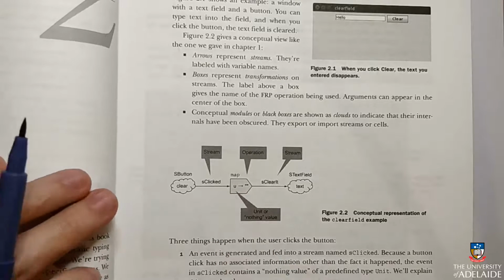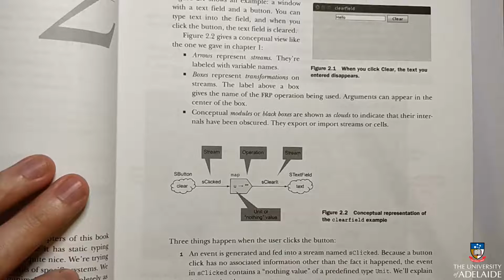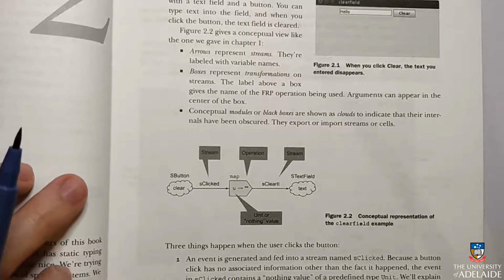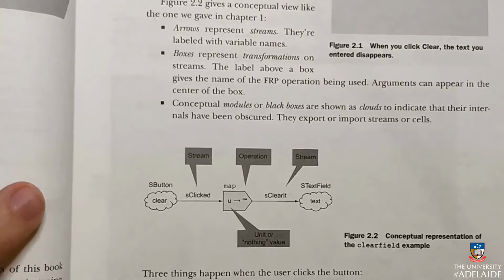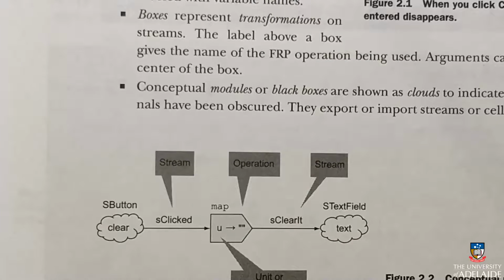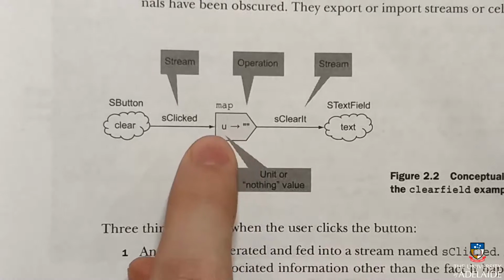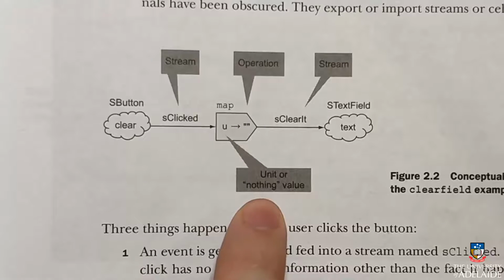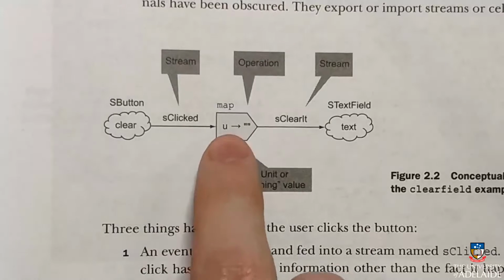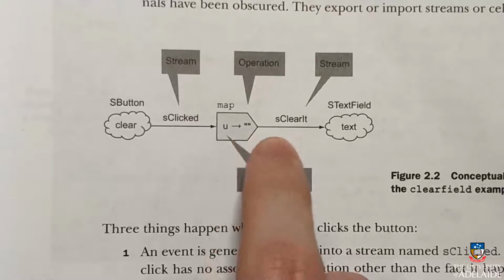That might be a little bit hard to see. Let me just zoom in a little bit. There we go. That should be a little bit better. So we have the event that comes in as a unit or nothing value, as they've stated, and it gets converted into an empty string. This is the operation.